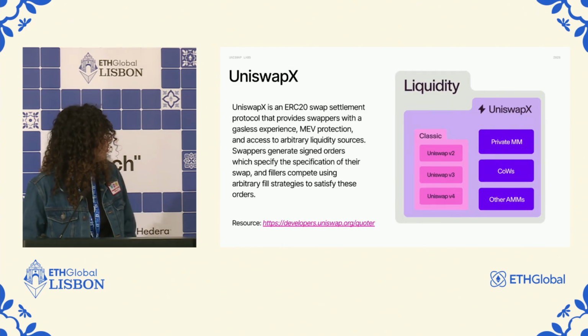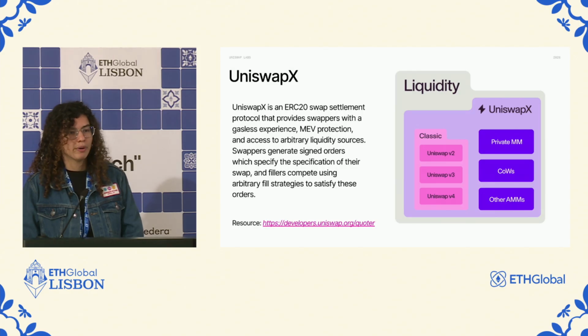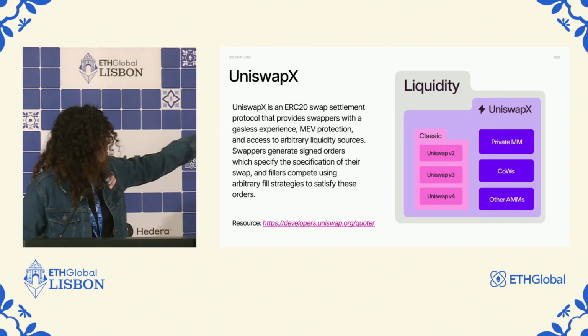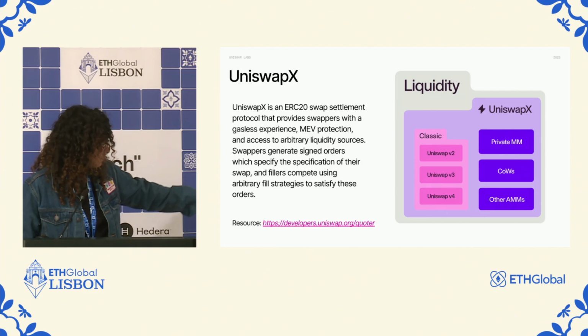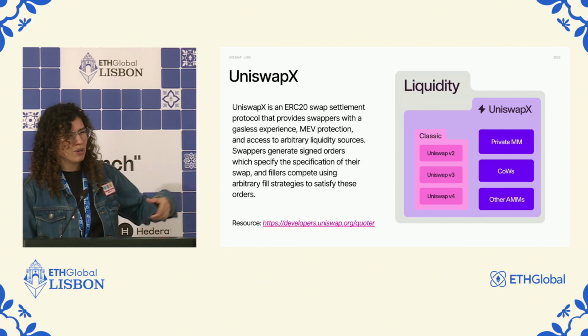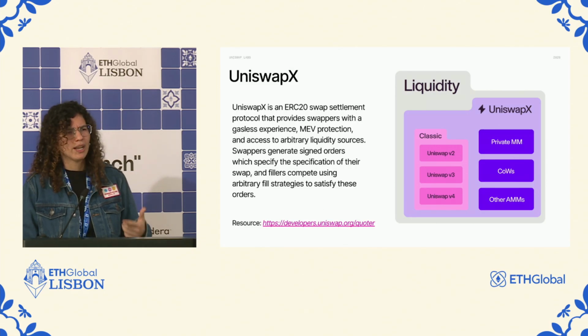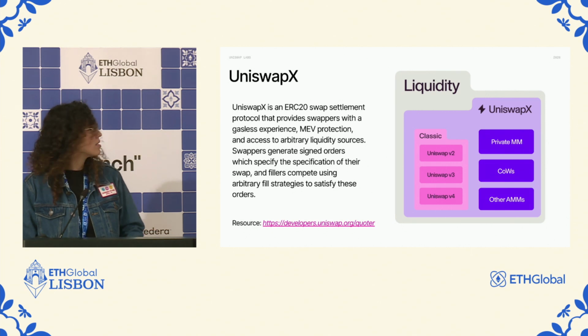Then, as I mentioned, we have Uniswap X, which is this exclusive intent-based protocol where we have private market makers and other AMMs, but also Classic, which is the network for people to interact and look for the best prices. Again, it works for larger swaps, I guess from $300 and beyond.